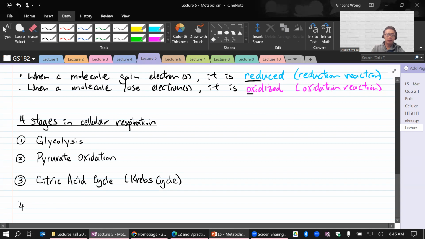And then we have the 4th step, which is the electron transport chain, also known as the ETC for short. Okay.